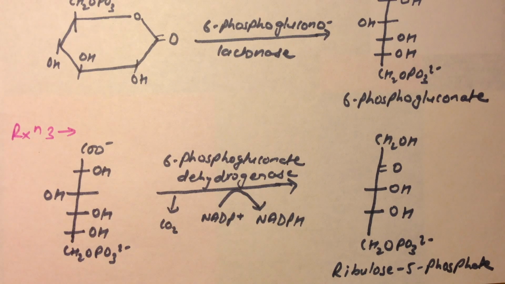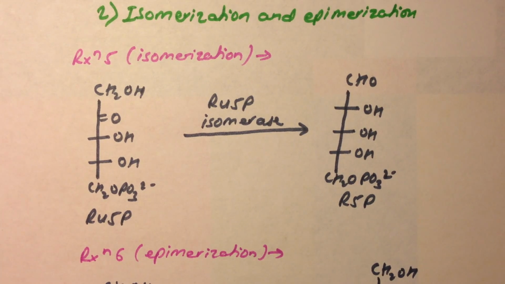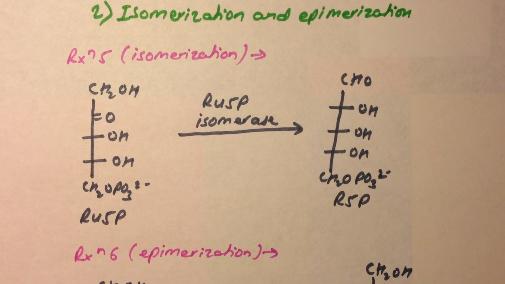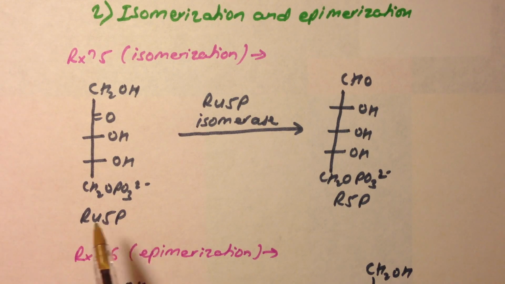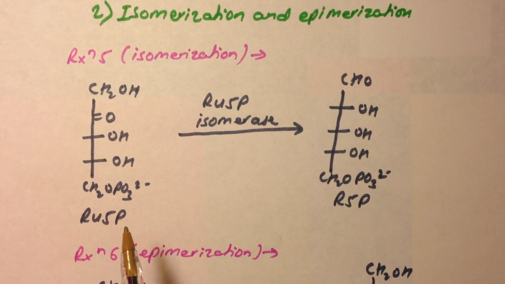Now we're going to talk about stage 2 of the pentose phosphate pathway. Stage 2 is called isomerization and epimerization, and two reactions are there. In the first reaction, isomerization, ribulose 5-phosphate is converted to ribose 5-phosphate. Ribulose 5-phosphate and ribose 5-phosphate are isomers.